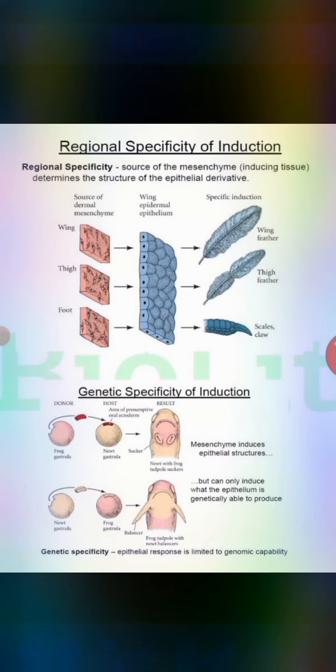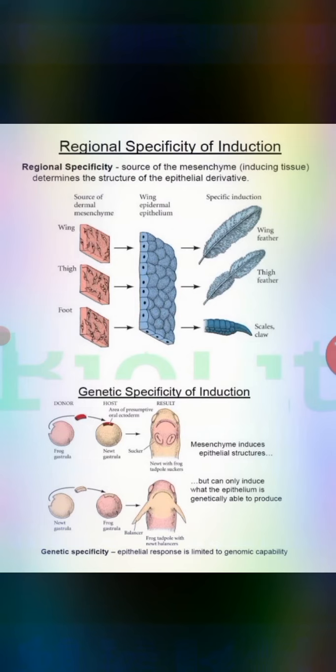The source of mesenchymal inducing tissue determines the structure of the epithelial derivative. Regional specificity means that the source of mesenchyme, that is the inducing tissue, determines the structure of the epithelial derivative. So moving to the typical example, cutaneous structure development in chick, we can understand it more clearly.